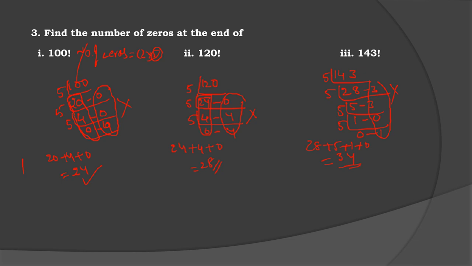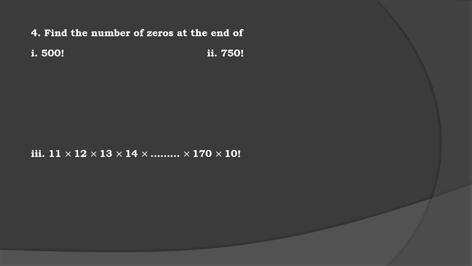Then go to the next one, find the number of zeros at the end of 500 factorial. Take 500, successive divisibility with 5. How many times? 100 times, remainder 0. Same way 5, how many times in 100? 20, remainder 0. Again 5, how many times in 25? 4 times, remainder 0.